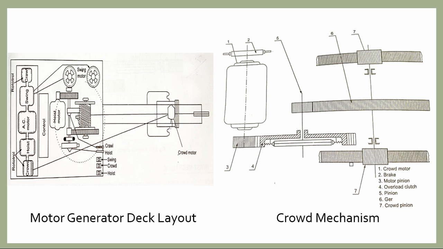It means the crowd motor delivers the power through the pinion to the overload clutch, and then the overload clutch delivers the power to the pinion, which is in constant mesh with a gear.